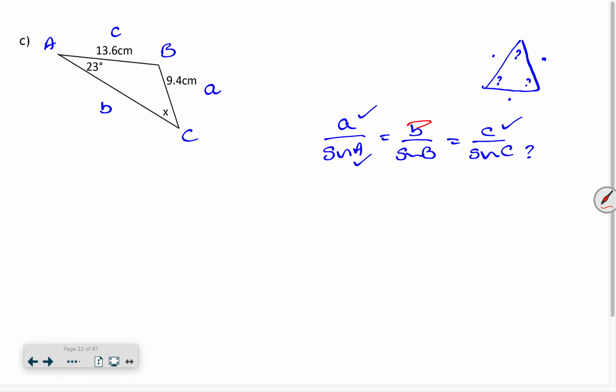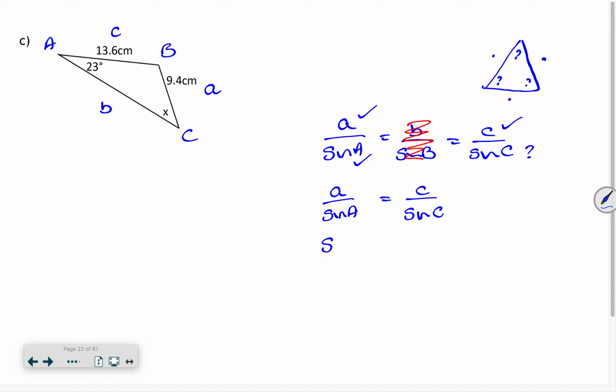So we can forget all about the middle one. That means that we have A over sine A is equal to C over sine C. Now remember, because I am finding an angle, all I'm going to do is flip this sine rule upside down.